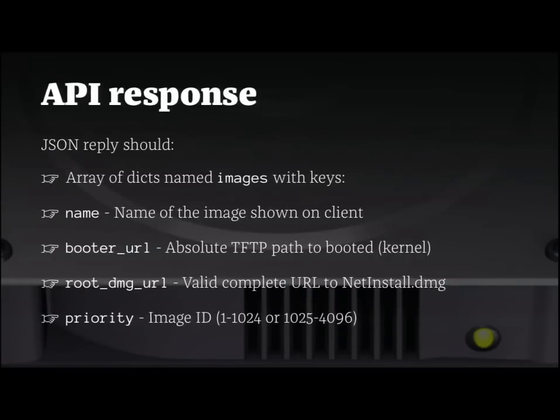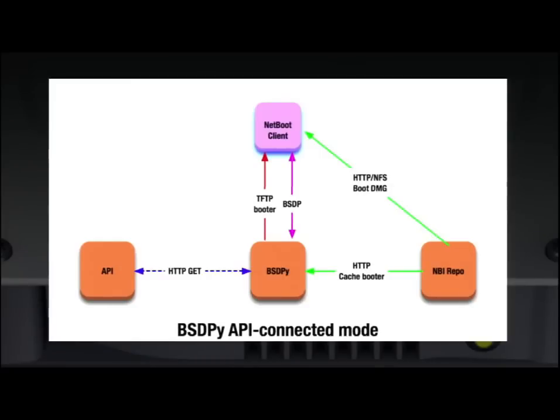Kind of how that works is like this. In the middle you have your BSDPy instance. The client checks in with a BSDPy request, the purple there. BSDPy then sends off an HTTP GET to the API. The API comes back with the info needed.